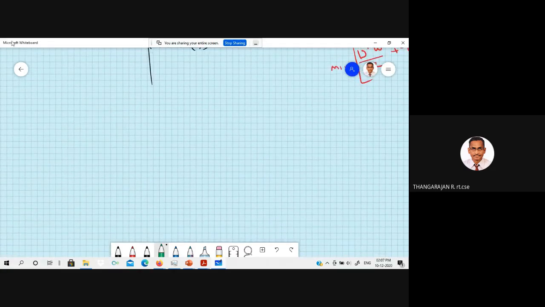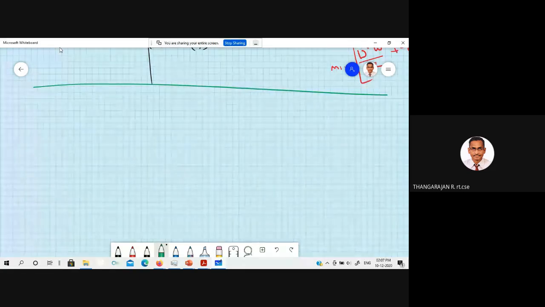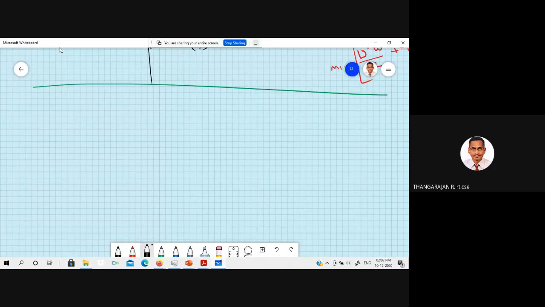So the sunrise in the east has probability one, because it is bound to happen. Let the sunrise be event 1 and let the sunset be event 2. That the sunset will occur in the west is also 1.